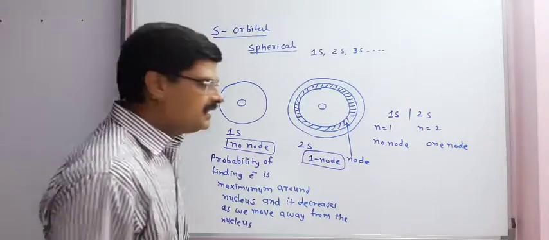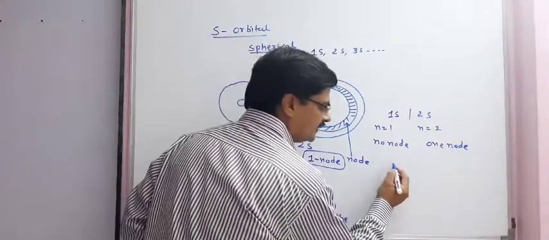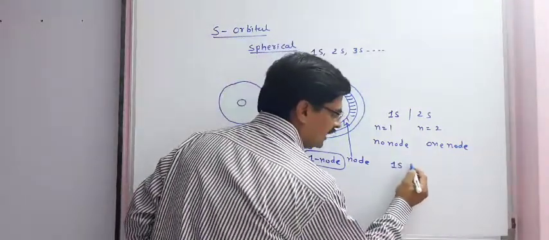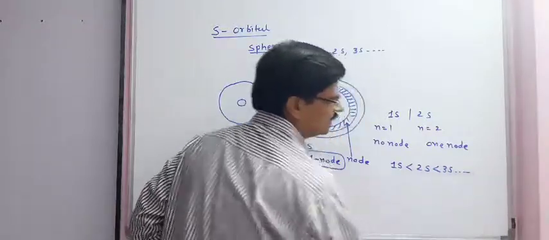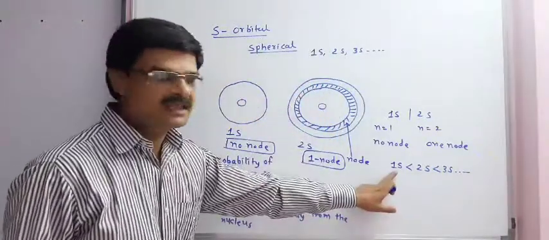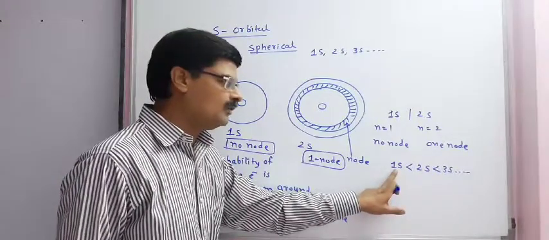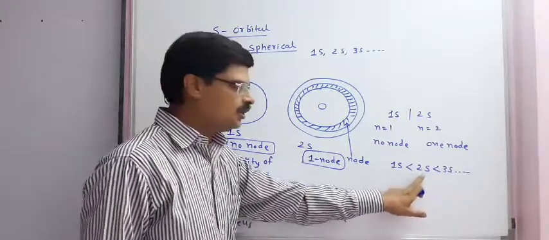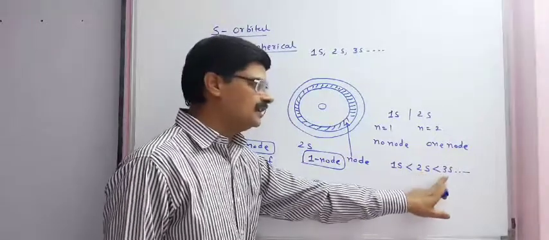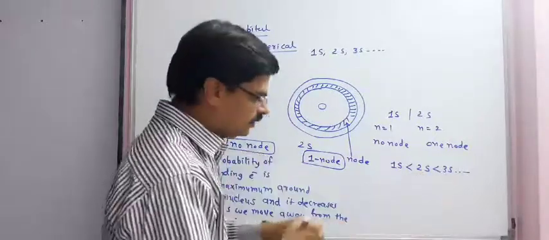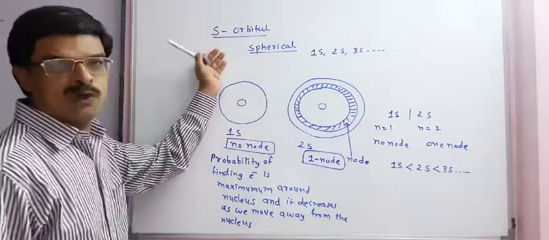And as far as energy and size are concerned, we can write 1s smaller than 2s smaller than 3s and so on. So energy and size of 1s orbital is smaller than 2s. Size and energy of 2s orbital is less than 3s. So this is about s orbital.